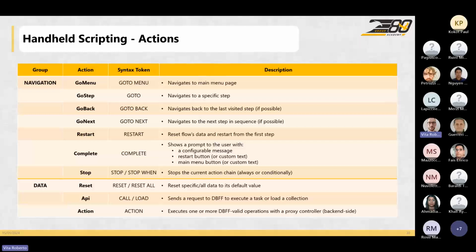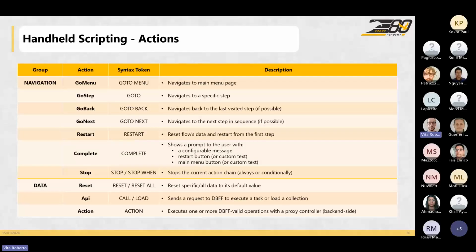Or we can use complete syntax token or complete action. Shows a prompt, a little pop-up to the user with a configurable message, a restart button, or a main menu button. And of course, we can stop our navigation. So we can stop the current action chain.